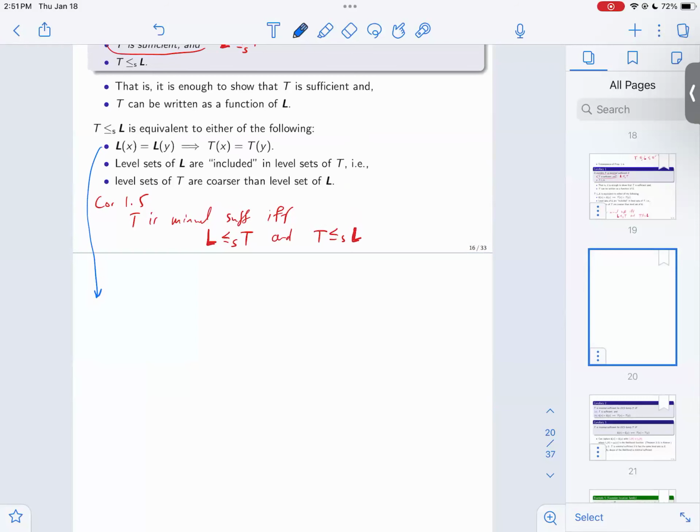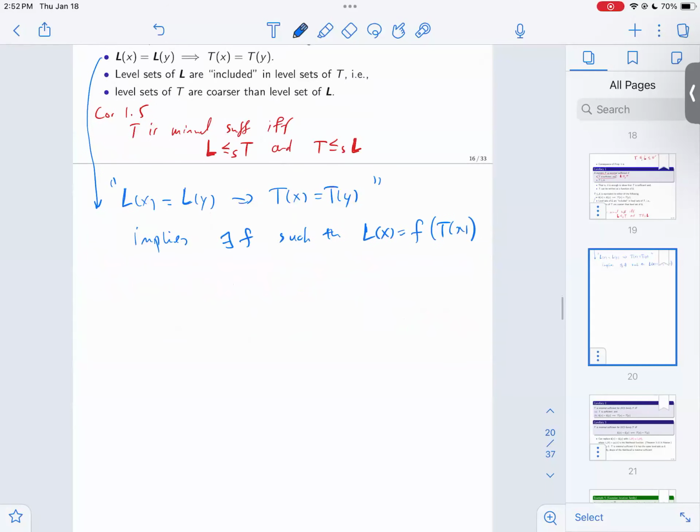So L of X equal L of Y implies T of X. So this entire thing itself implies there exists a function such that T of X is a function of L of X. The reason is, you have to do this pictorial proof if you want. You have these points, let's say.